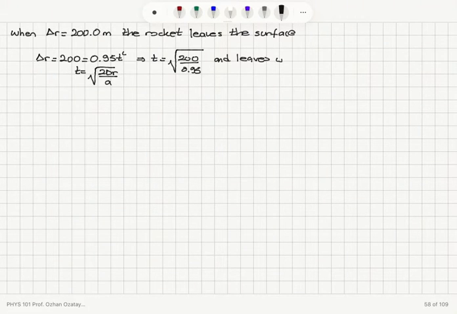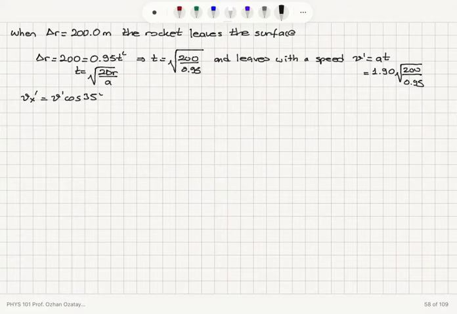And it leaves with a speed v prime, which at time t is equal to 1.90 times the square root of 200 divided by 0.95. So it's going to have an x component of the velocity, vx prime, which is v prime cosine 35.